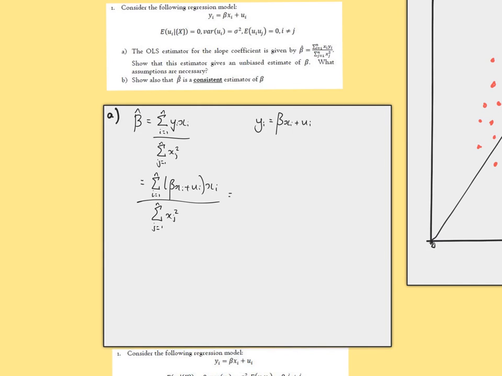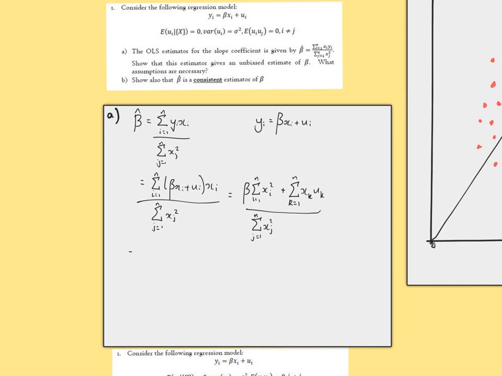So we can rewrite this as beta times the sum of the x squared, plus the sum of the x u's, all over the sum of the x squared. Since we've got all of this over a common denominator, we can split it into two fractions: the sum of the x squareds over the sum of the x squareds, and the sum of the x u's over the sum of the x squareds.